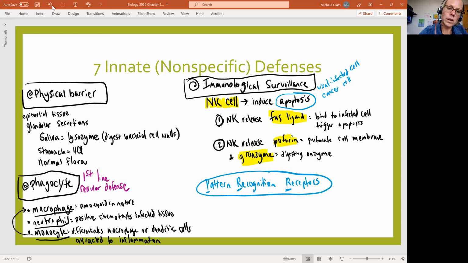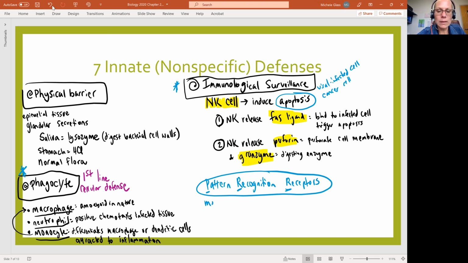And I'm going to put a star beside immunological surveillance, and a star beside the phagocyte. How is it that these cells, the phagocytes and the NK cell, know which cells to target and attack if they're non-specific? Like, how do they know which cells belong and which cells don't belong?